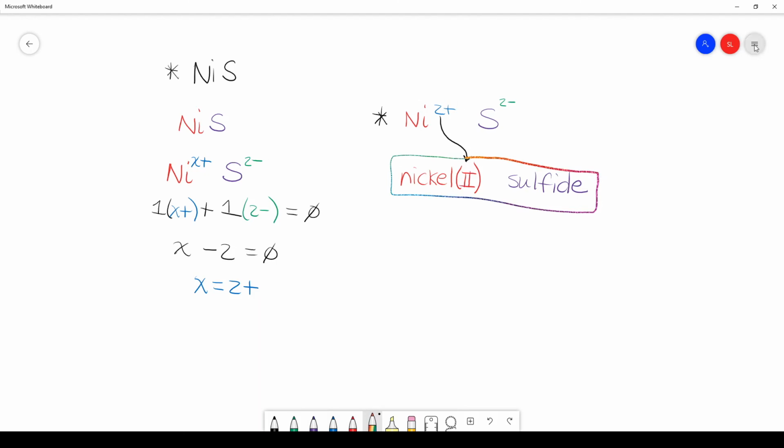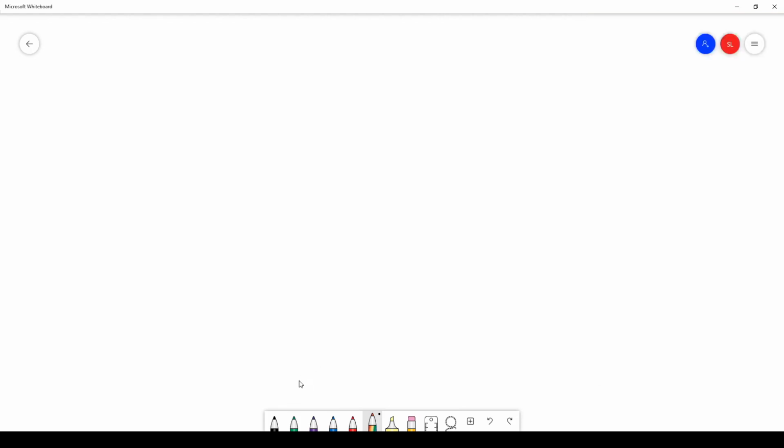And we have one more example: Al2O3. My cation is aluminum. My anion is oxygen. Now I need to write my cation with its charge and my anion with its charge.